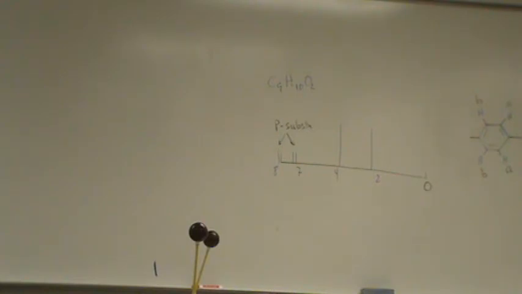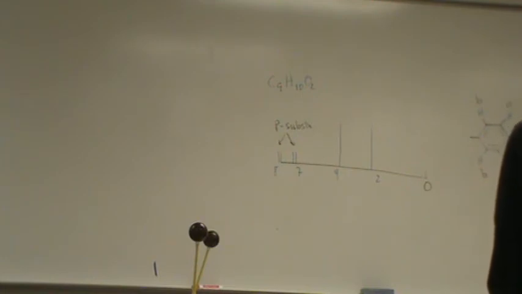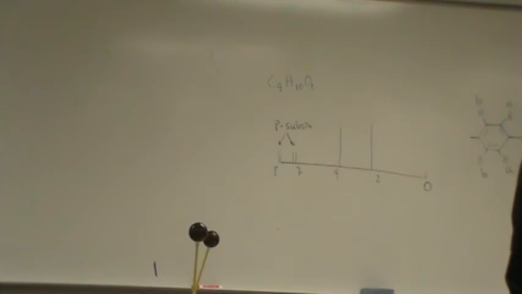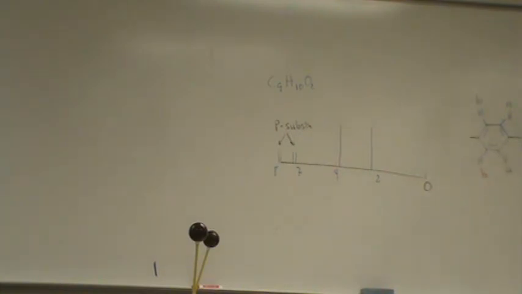IR would tell me real quick, wouldn't I? If I had a carbonyl, I would see something at 1700. If I had an OH, I'd see that broad stretch at 3500. Okay? Well, this didn't give us here, but I'll give it to you. You would see a nice stretch at 1700. Okay? So we have a carbonyl.